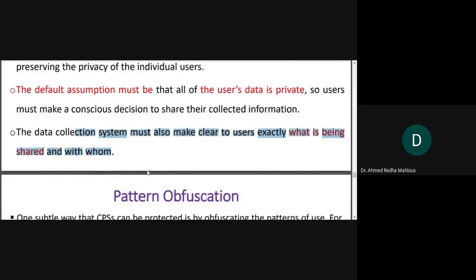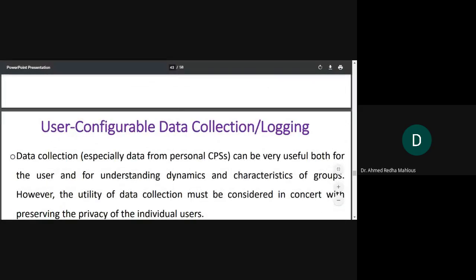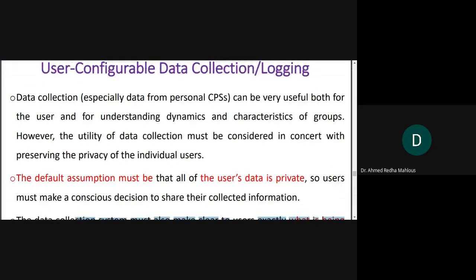This is very important when we talk about user configurable data collection or logging. That means we are logging everything, gathering the information about the data itself. For instance, sometimes some organization or company is interested in comparing the fitness activity of a group.